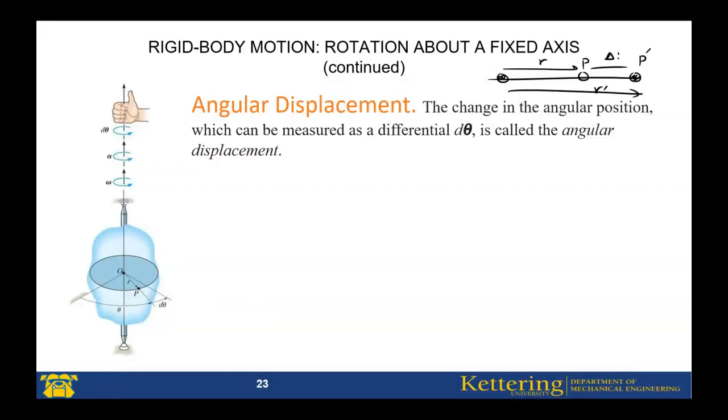The difference is delta r, called displacement. Here, it is called angular displacement, d theta. Also, d theta is an angle. We usually use radian for the units of theta and d theta.